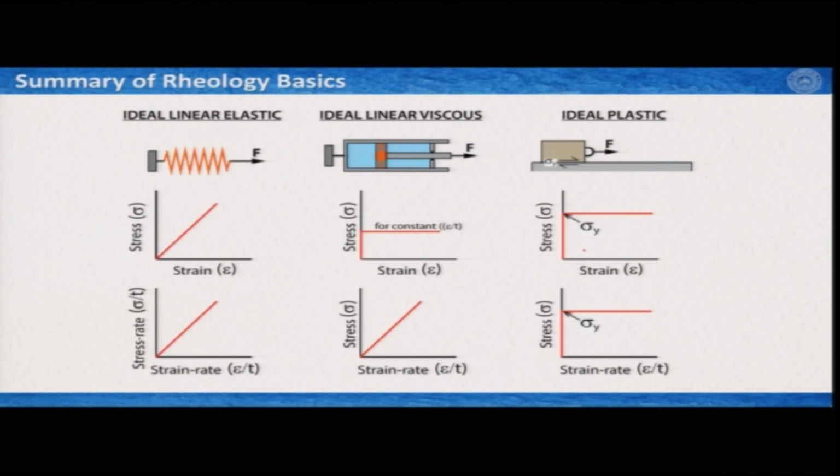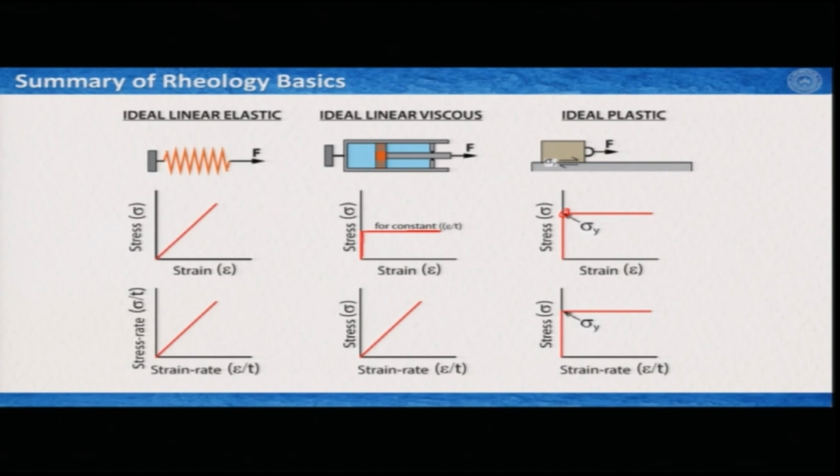The stress strain curve for ideal linear elastic is where stress versus strain is linearly related. For viscous, this curve is a little difficult, not linear. It goes like this. For ideal plastic, the curve looks very similar to the linear viscous material, but here this point has to be your yield stress.